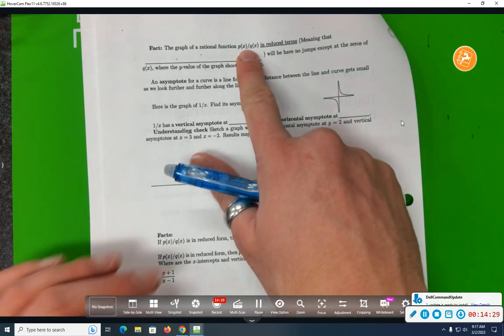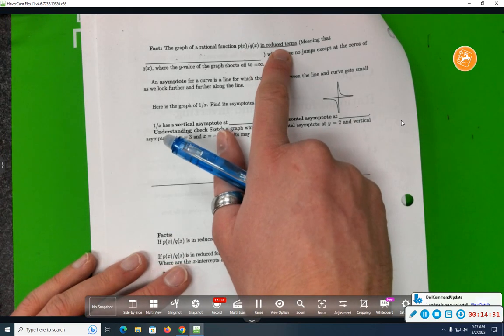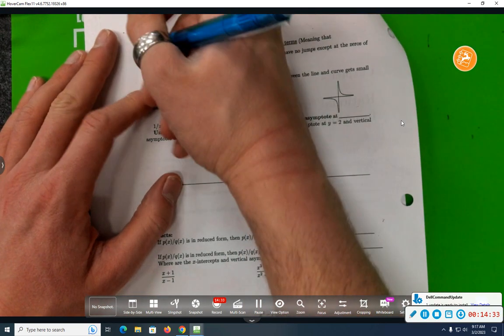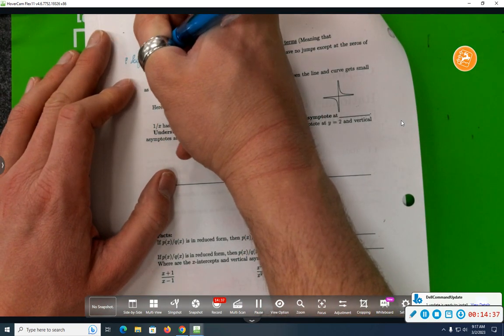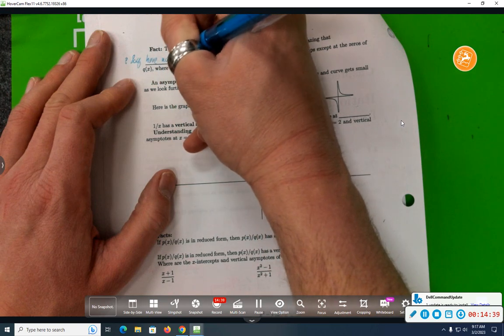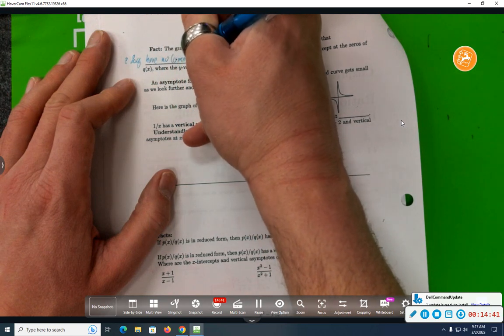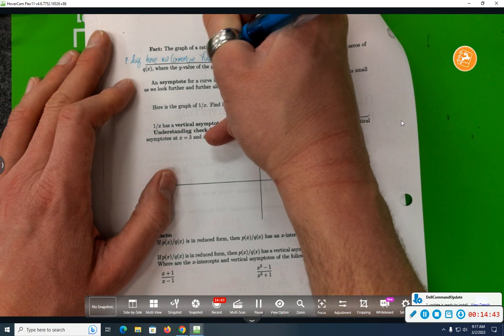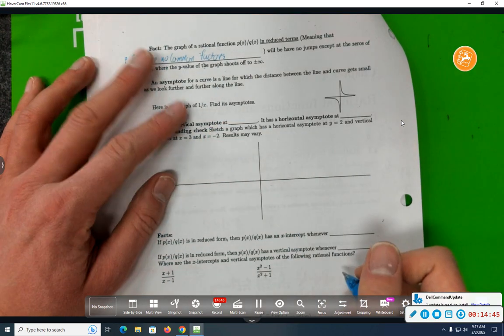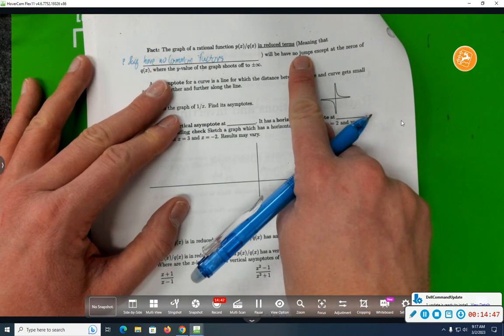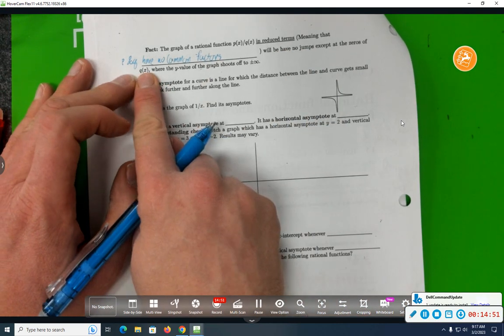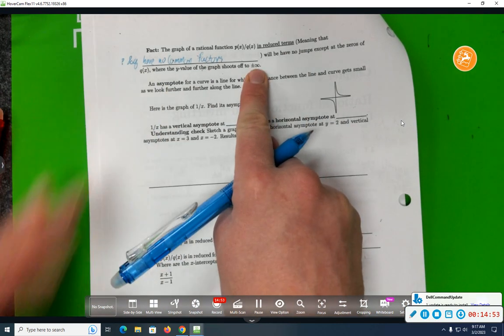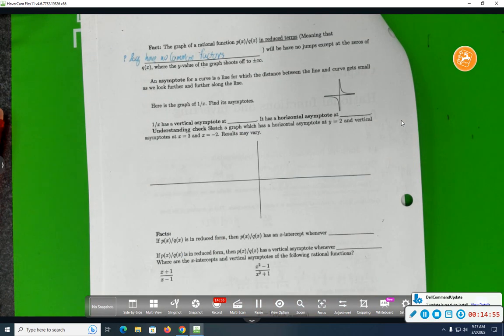So if you have a rational function p of x over q of x, which is in reduced terms, meaning that p and q have no common factors, we'll have no jumps in the graph, except at the zeros of q of x, where the y value on the graph will shoot off to plus or minus infinity. So, there's a lot happening in that sense.